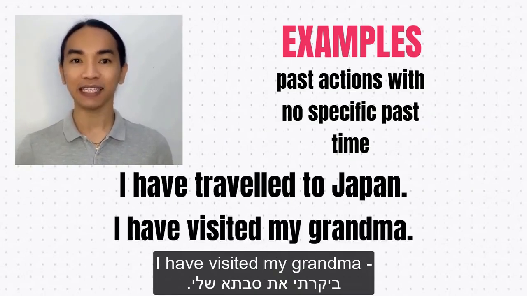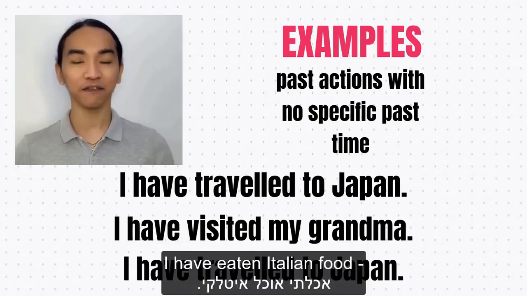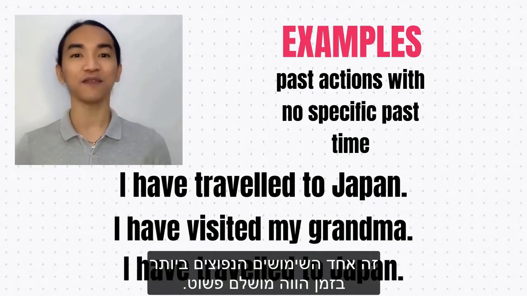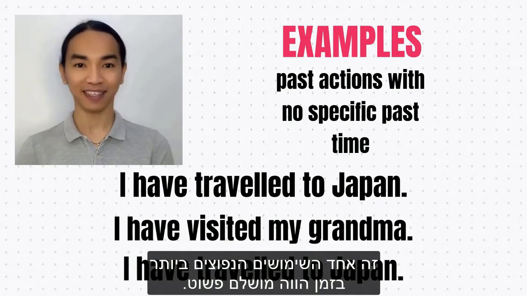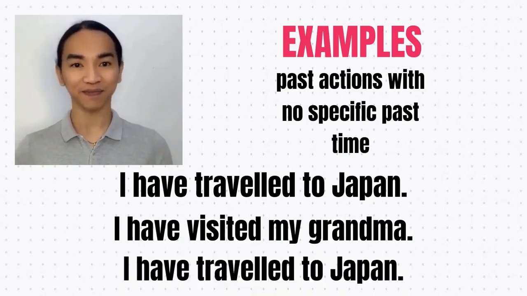I have visited my grandma. I have eaten Italian food. So all of these are actually finished actions, but we don't focus on when they happened. So this is one of the most common usages of the present perfect simple tense. Now it's time for you to give your own example.